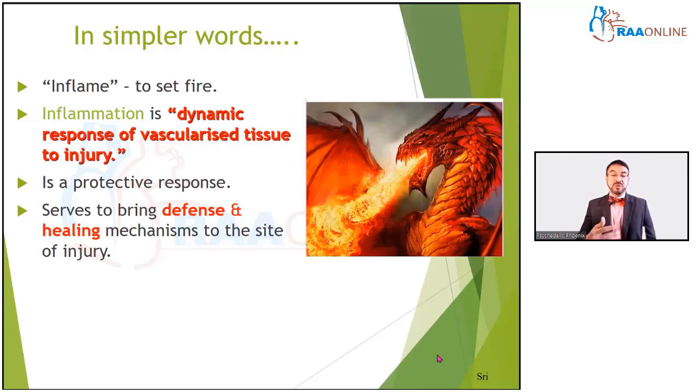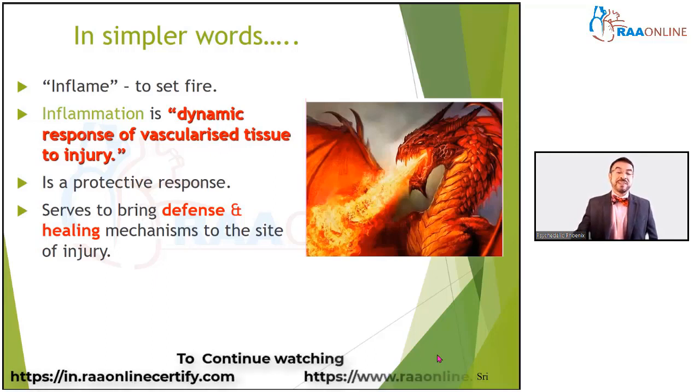At the same time, you defend yourself, and you try to heal the wounds that have occurred during the fight. The same thing happens in the body. Our body is like a railway, like multiple trains running all over, and each train or each blood vessel is experiencing some amount of inflammation or the other at any point in time. And this is a process which is happening without our knowledge, because it is an inbuilt mechanism by which nature heals, as I told you in the first slide.